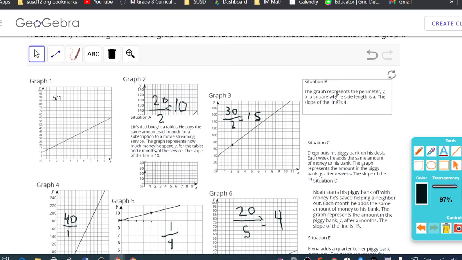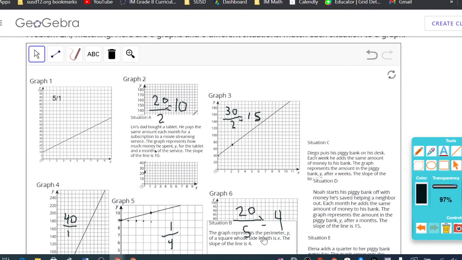Let's read situation B. The graph represents the perimeter, Y, of a square whose side length is X. The slope of the line is 4. Oh, this is too easy because we already found the slope of the line. Okay, so if you were to graph the perimeter of the square with varying side lengths, then it would be this.